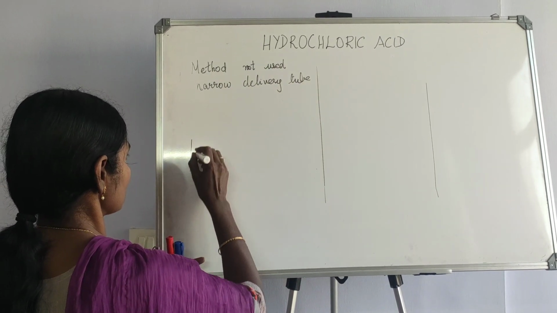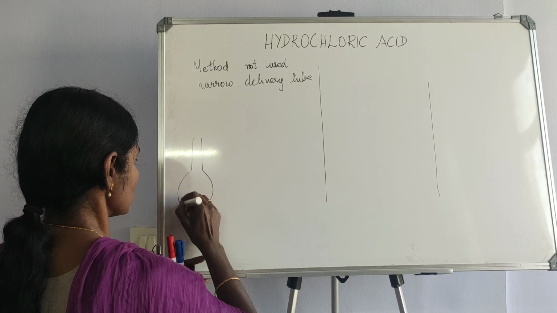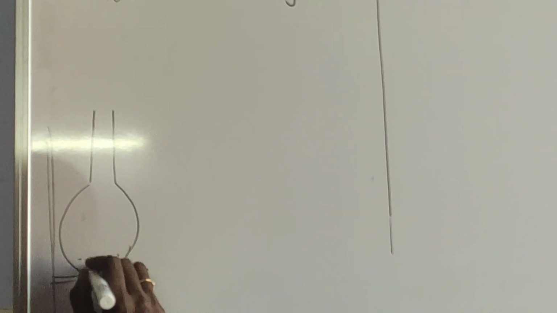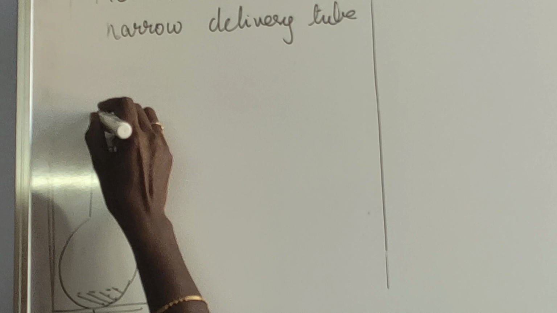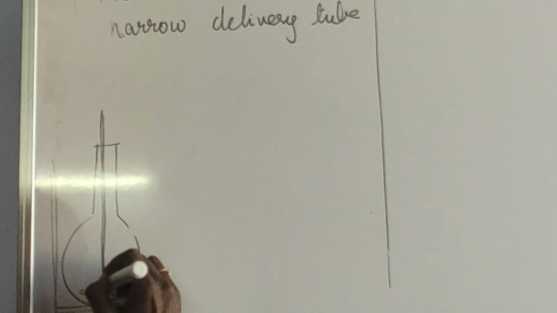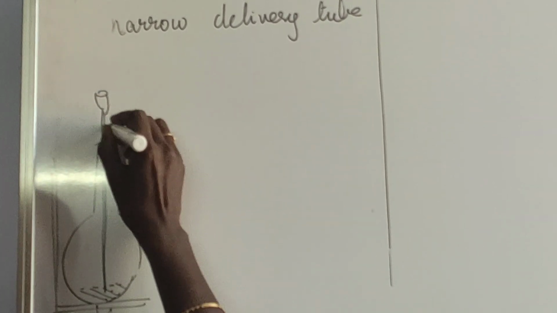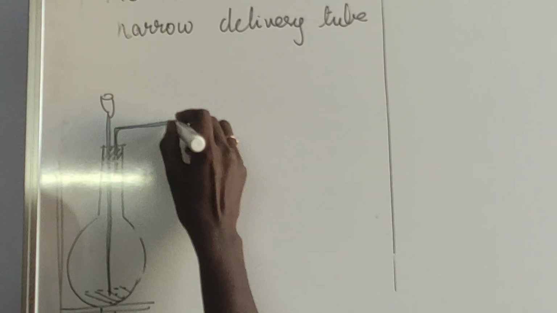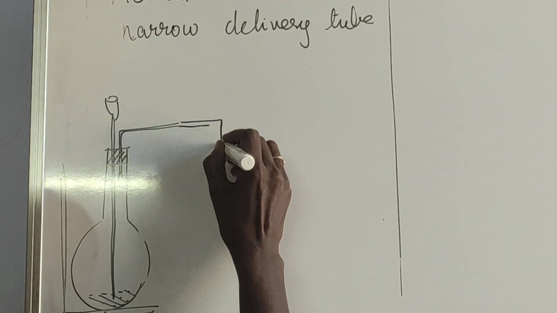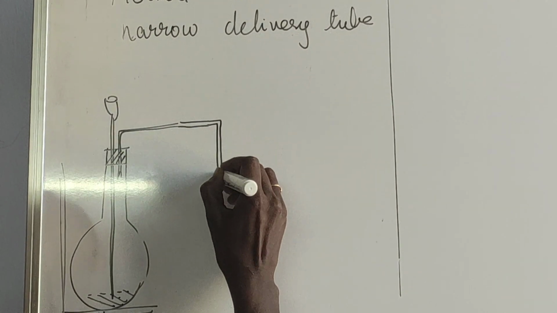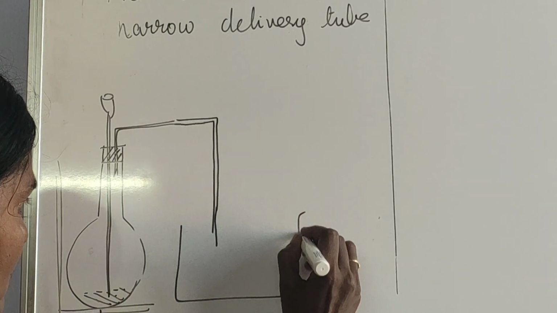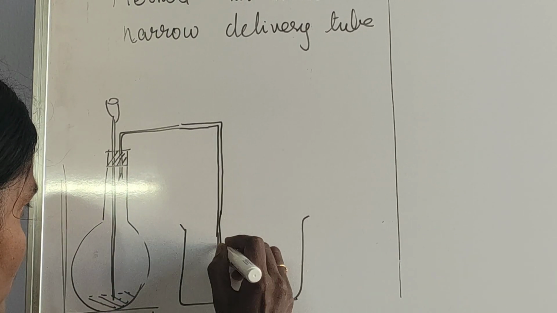Now let us say we take the preparation of hydrogen chloride once again. Concentrated sulfuric acid and sodium chloride is heated, and when hydrogen chloride gas is formed, we can dissolve it in water using a narrow delivery tube.